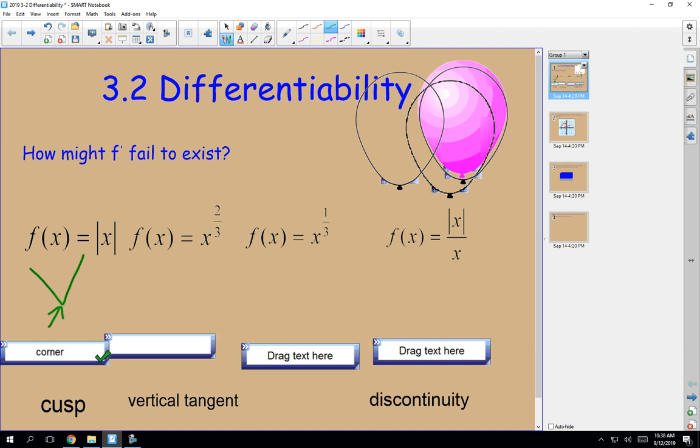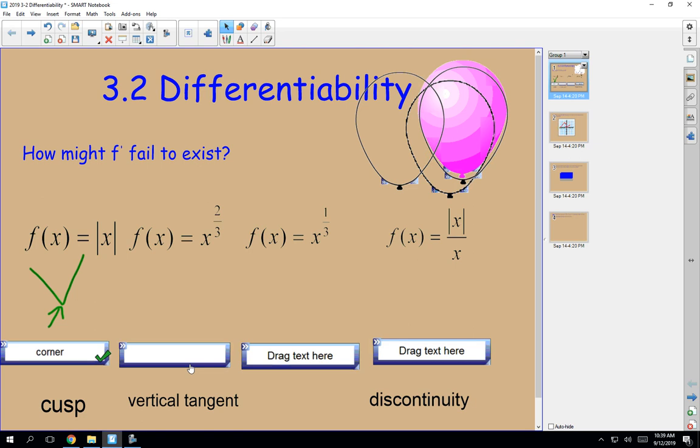All right, what about the next one here? f of x equals x to the 2/3. You might have to graph that on your graphing calculator. Then I need somebody to come up here and draw a little sketch of it, and make a guess as to which one of these might fit of the ones that are left. So go ahead and graph it.